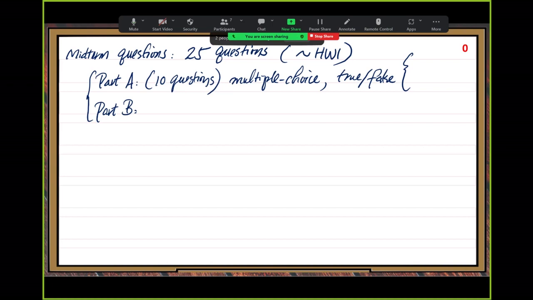For quiz 3, I plan to give you 10 questions of the same types. So I merge these two: part A is the same as quiz 3.